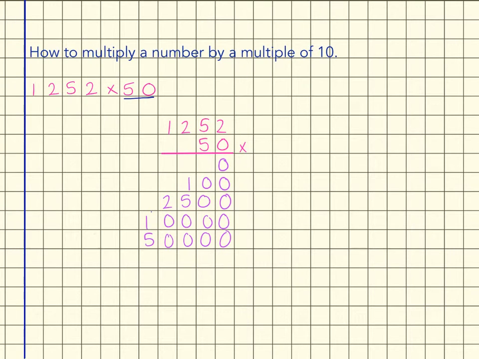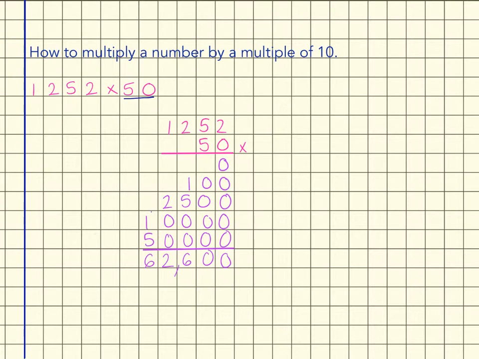And then what we do is we add those together, and what we end up with, this column is 0, 0, 600, 2, 6, so we end up with 62,600.